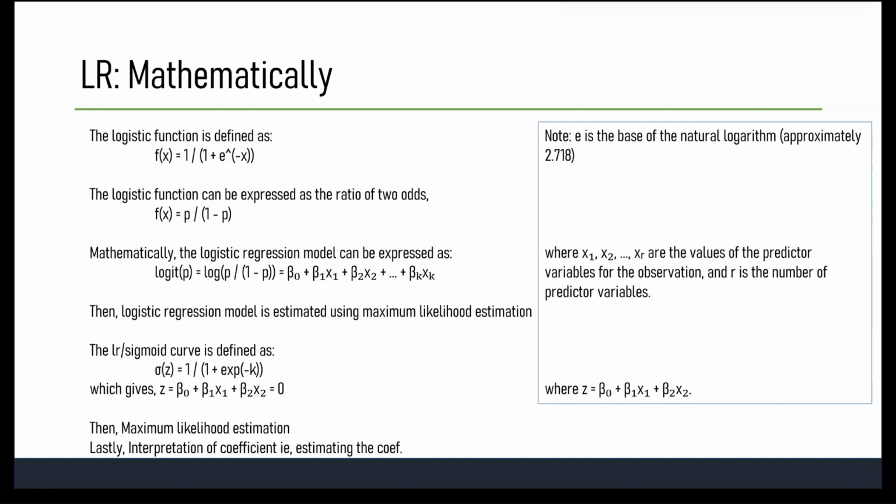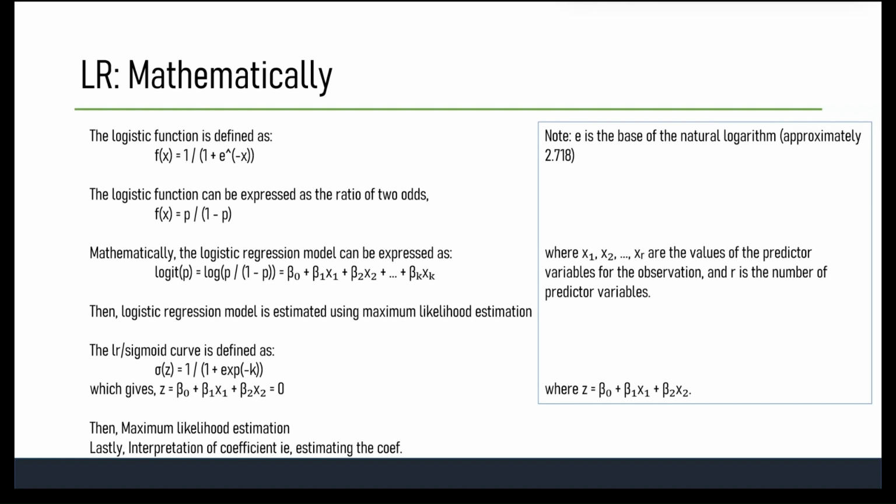In summary, the log likelihood is a mathematical function that measures how well a logistic regression model fits the data, and it is used to estimate the coefficients of the model by finding the set of coefficients that maximize the log likelihood.